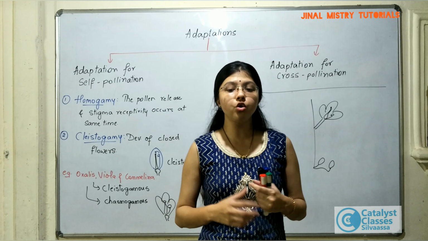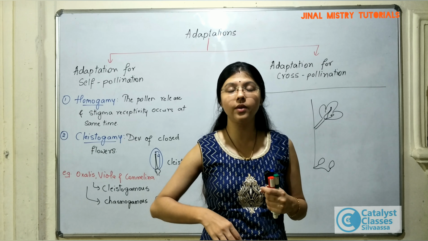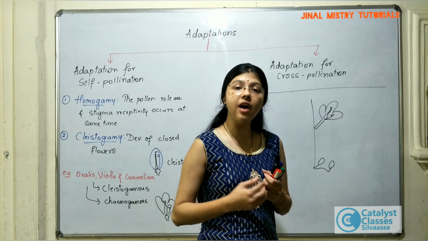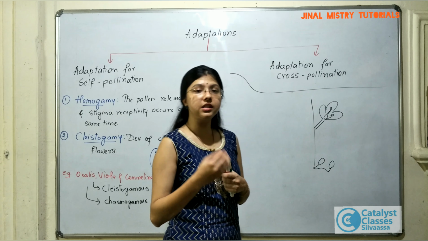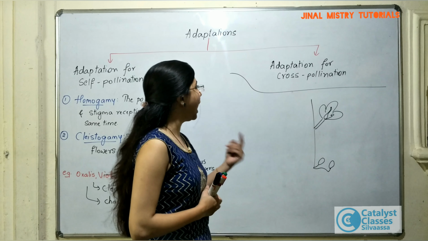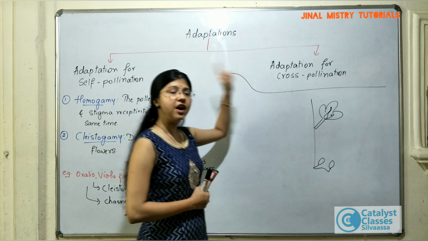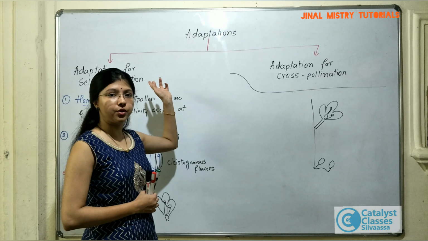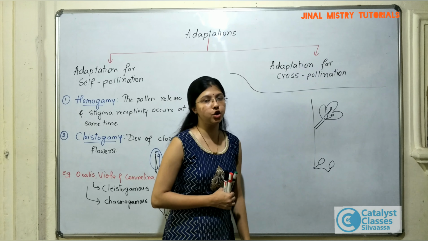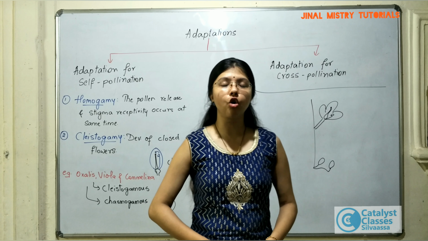That means only those genes will be transferred from one generation to another, which will not lead to any kind of variation within the plant, and there are chances that diseased genes can also be passed. So there are many different plants which have favored cross-pollination. Instead of favoring the self-pollination process, they have adapted themselves to favor the cross-pollination process. We'll see in the next video what the adaptations for cross-pollination are.